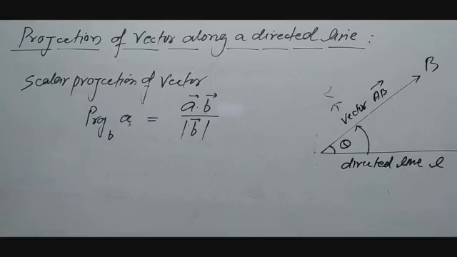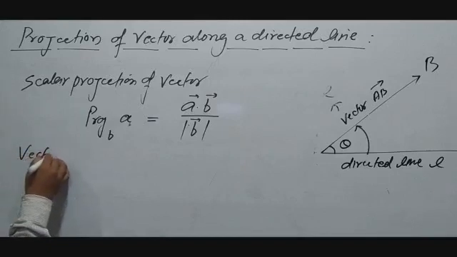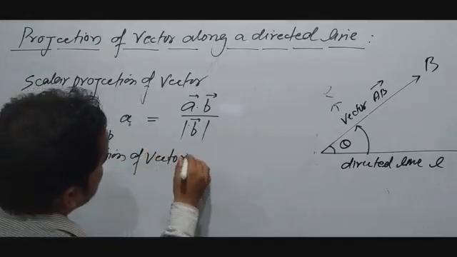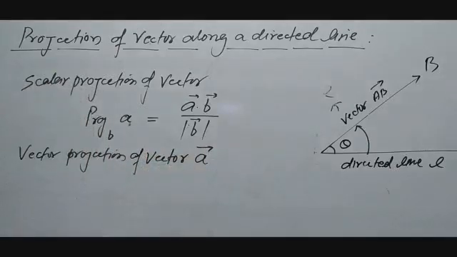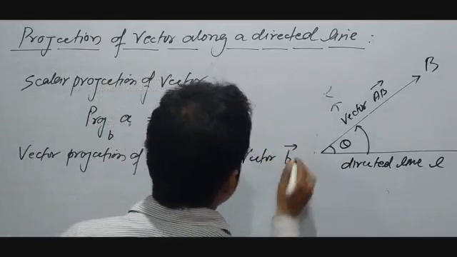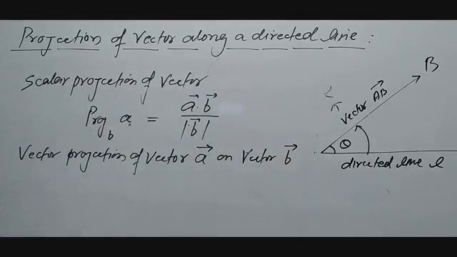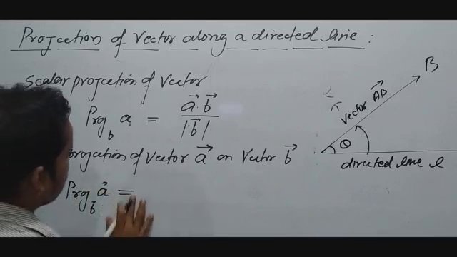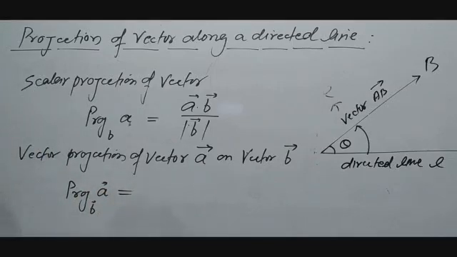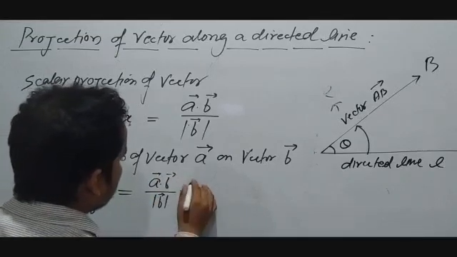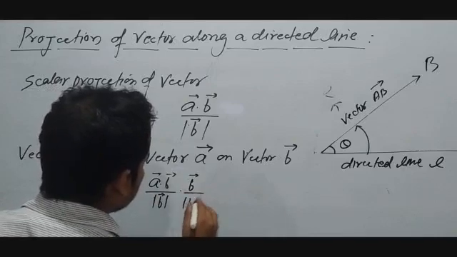Now the vector projection of vector A on vector B, what can we write? See, the projection of vector A on vector B is equal to vector A dot vector B whole upon mod of vector B. And now you have to multiply again with the unit vector.